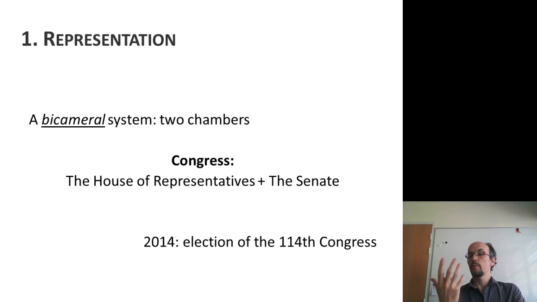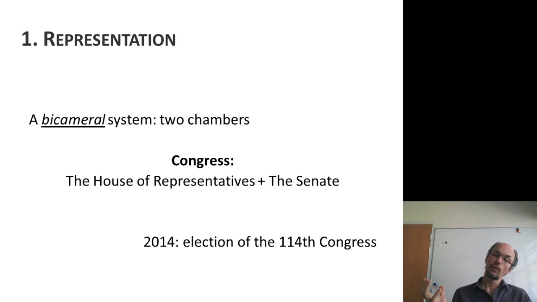Let's start with representation. This idea that the US Congress is a body of people elected by Americans to represent them. And these people are elected in two chambers, creating what is called a bicameral system. Bicameral, two chambers. On the one hand, you have the House of Representatives.